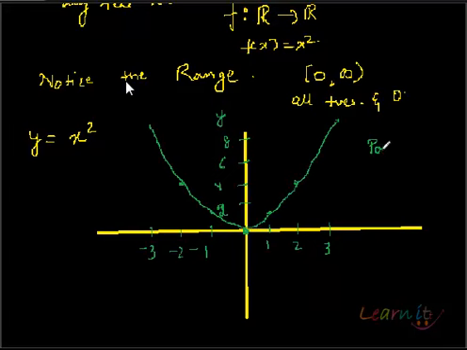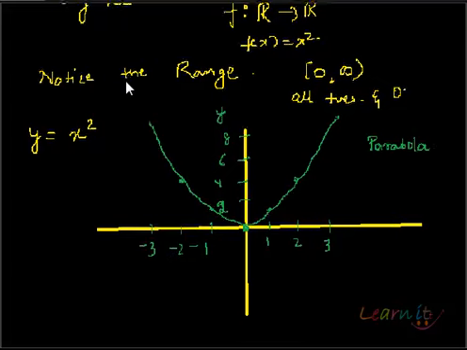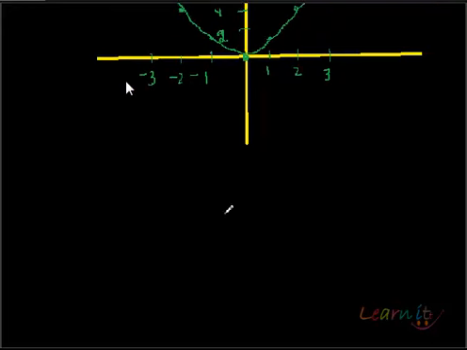So parabola. Why? Because we are on the positive y-axis, whatever might be the x values. For positive x, for negative x, the square will come out to be the same number. So for plus 2, minus 2, it's the same number that comes out, which is 4.